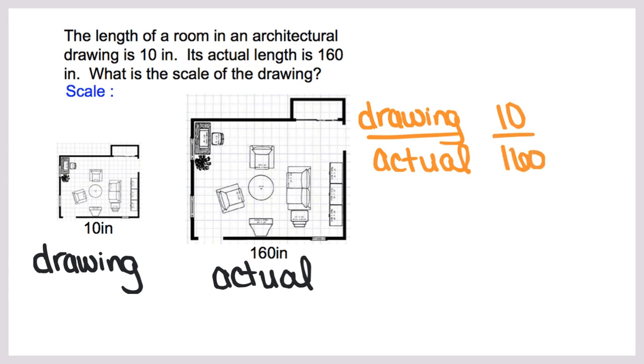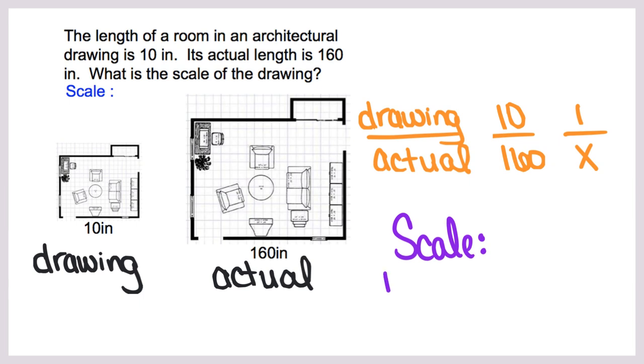Now, to find scale, I need a 1. Is the actual room or the drawing of the room going to be the 1? The drawing is going to be the 1. And you're looking for how much 1 represents on the bigger picture. 16.